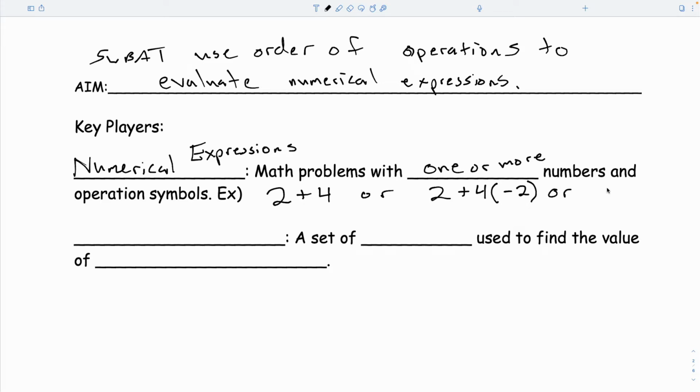Here's another one that's even more advanced. -2 squared plus 3 divided by 7. You'll notice I started super easy, and that's a little harder, and now that one's like, oh my goodness, my brain hurts. We're gonna work our way up to this towards the end of today.